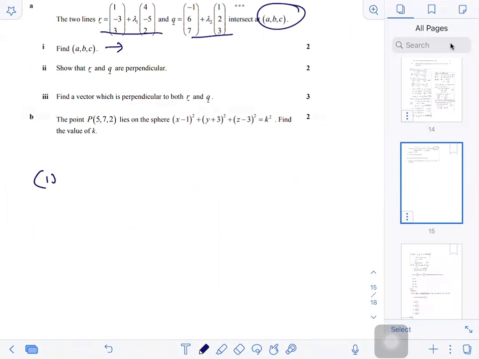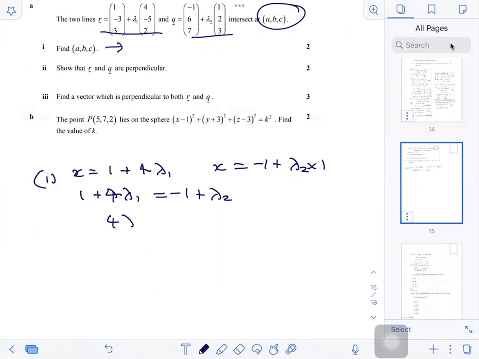So if you want to get the intersection of the two lines, for the x values, you use 1 plus 4t1, which will be the same as the other x value, which is -1 plus 5t2. So 1 plus 4t1 equals -1 plus 5t2. That means 4t1 minus 5t2 equals -2 when you move them to the other side. So that's one equation.